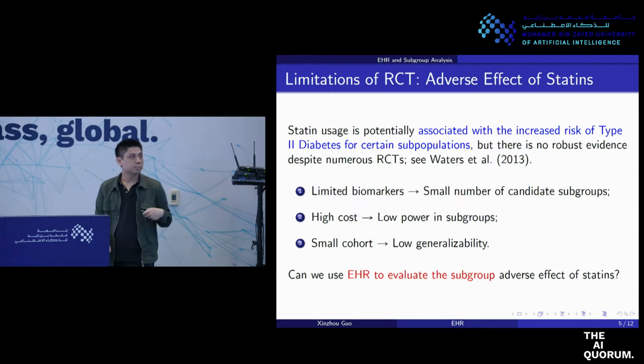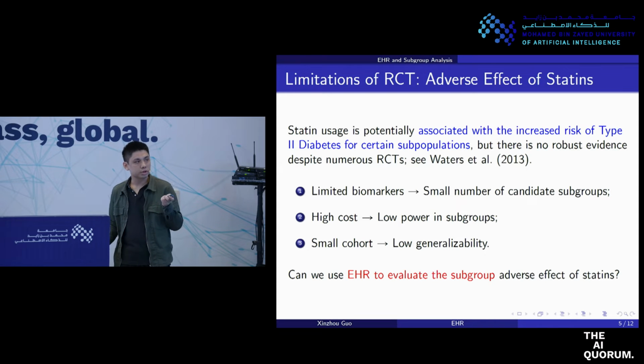So why? The first reason is that randomized control trials have limited biomarkers, so you can only look into a small number of candidate subgroups. People might argue, okay, in this subgroup you don't find any adverse effect, but for the others, what will happen? But you don't have such biomarkers.